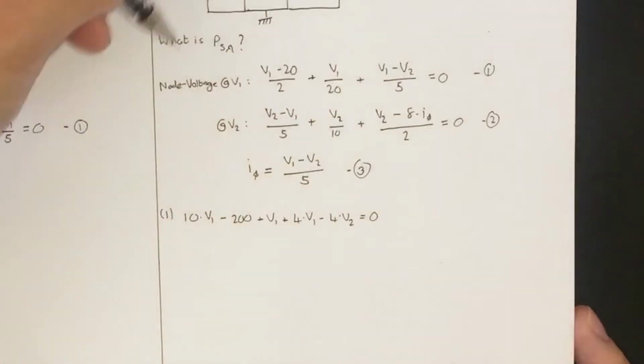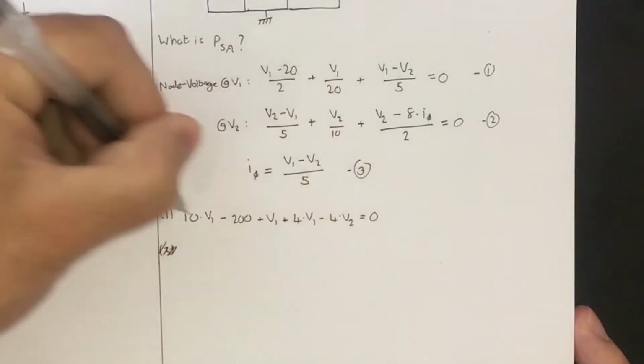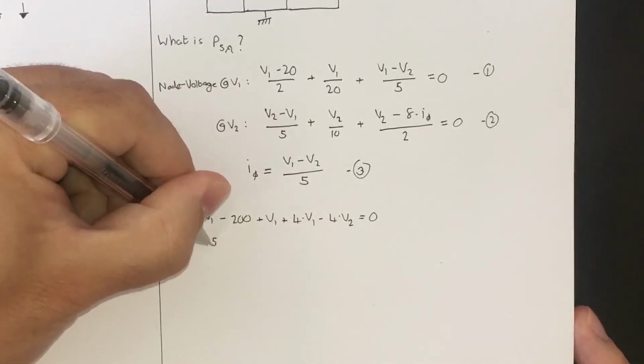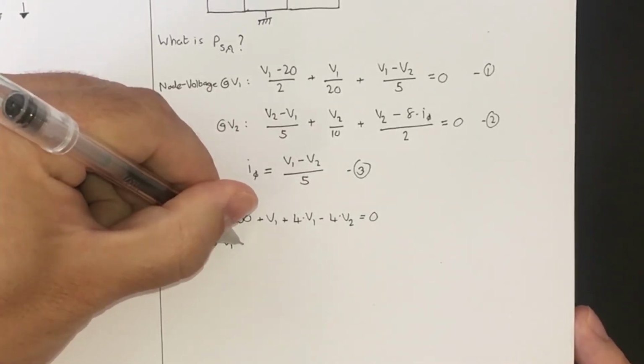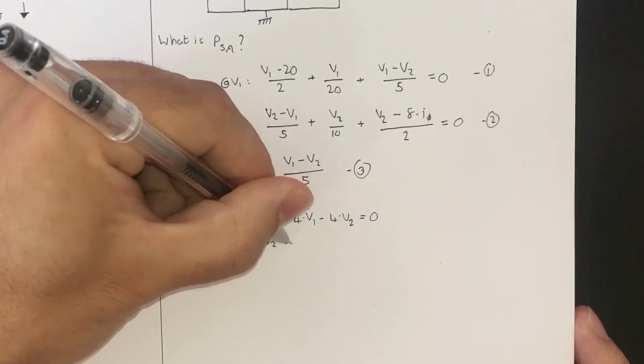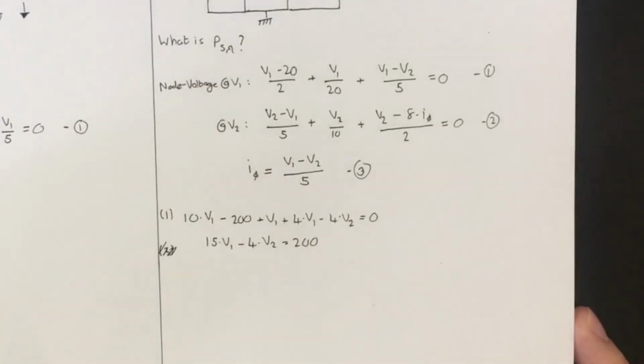This is the new form of our equation 1. Let's simplify this one step further. We sum out V1, so you get 15 V1 minus 4 V2 is equal to 200.